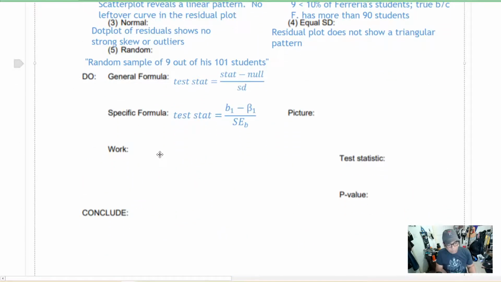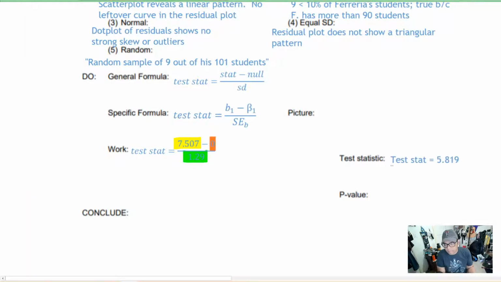So when we get to our work, we're going to get 7.0507 minus 0 over 1.29. Again, remember the 0 comes from the null hypothesis. This gives us a test stat of 5.819. While we're at it, let's also remember that the degree of freedom is going to be 9 minus 2, which is, of course, 7. A picture of the t-curve.